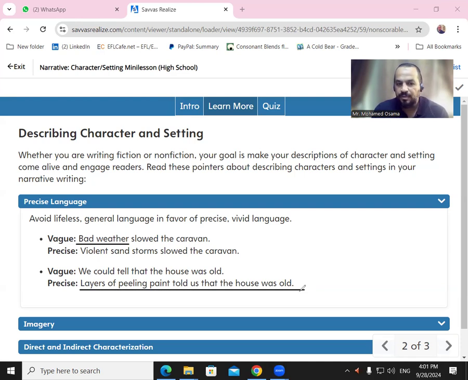You captivated, you allured, you attracted my senses to imagine, using imagery language, that the house is old. So this is the difference between vague, like unclear, and precise, to the point.